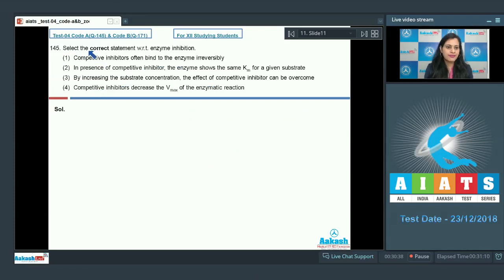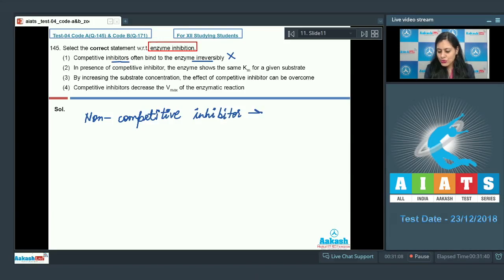Question number 145. Select the correct statement with respect to enzyme inhibition. And the very first statement given is competitive inhibitors often bind to enzyme irreversibly, and this is an incorrect option because these are not competitive inhibitors but non-competitive inhibitors, which bind irreversibly to enzyme.